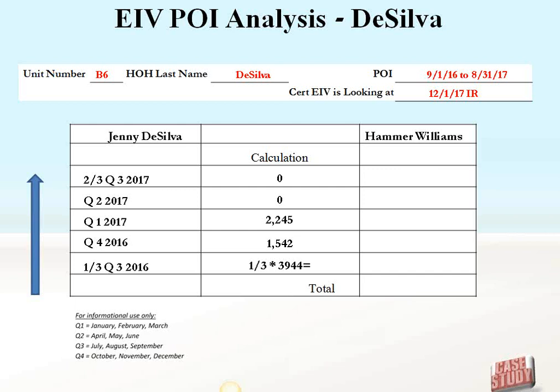All right, I want you guys to add up all of those quarterly amounts and tell me what she earned from Hammer Williams during our quarterly range, which is our period of income. $5,101.66.